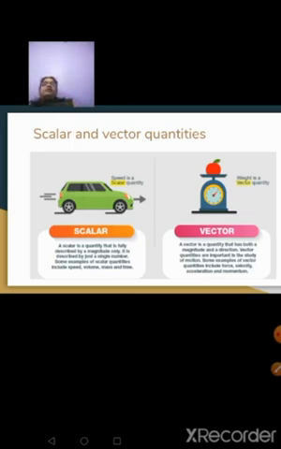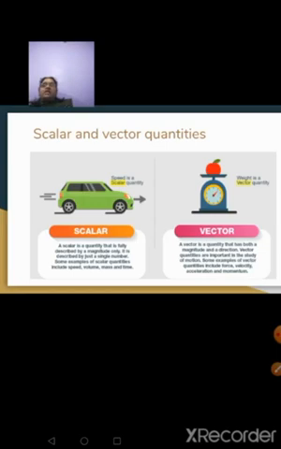Like when you take speed, it is talking about a number: how much distance is covered in how many hours, minutes or seconds. It's not worried about the direction at all. Whether the object is turning to the right or to the left, it is not talking about that. It is talking only about the magnitude, a number. So that is what is called your scalar quantity.